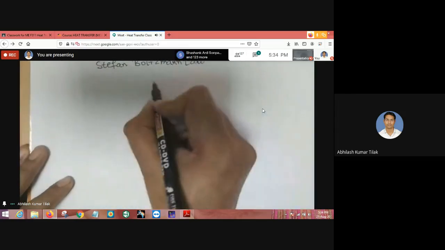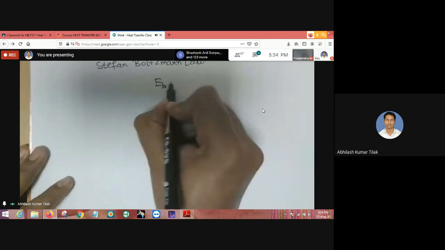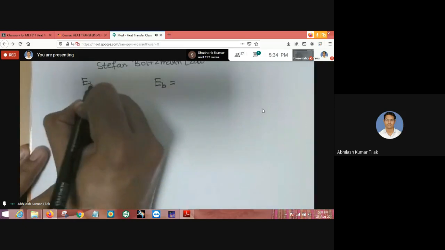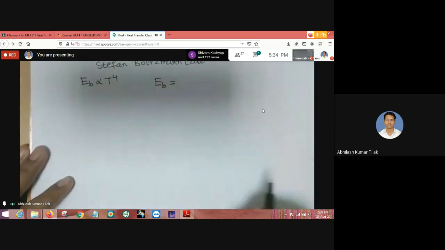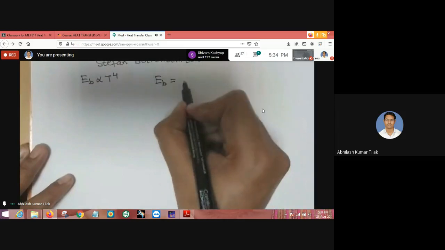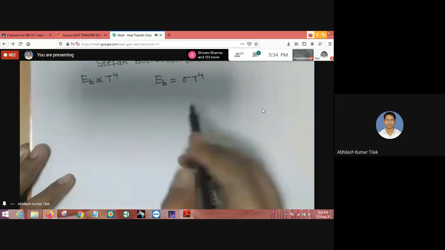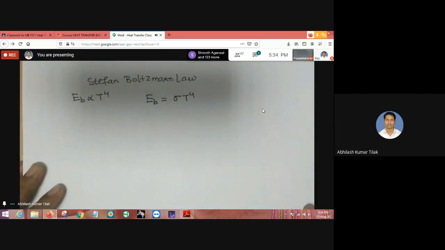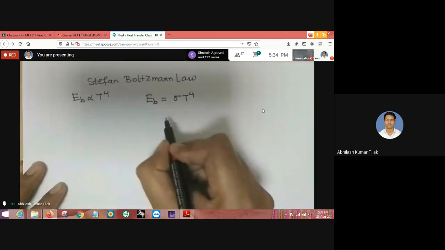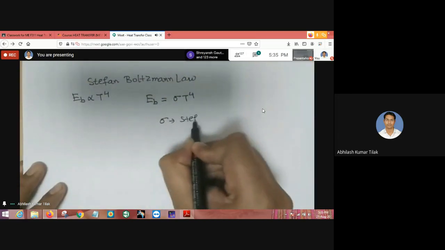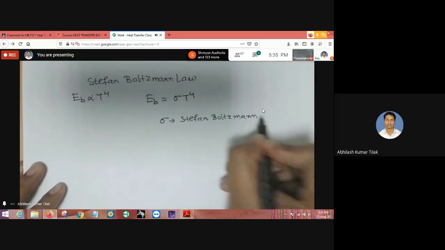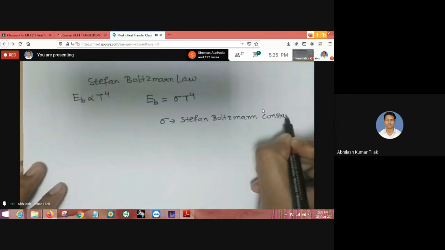It states that the black body emissive power is proportional to T to the power 4, and it is equal to sigma T to the power 4, where the constant of proportionality, sigma, is the Stefan-Boltzmann constant.